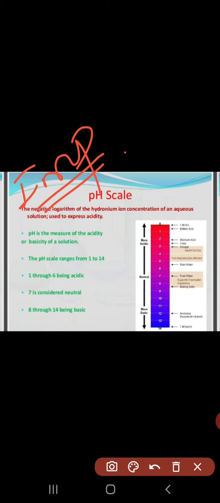Now pH is the measure of the acidity or basicity of a solution. It tells us whether the solution is acidic or basic.